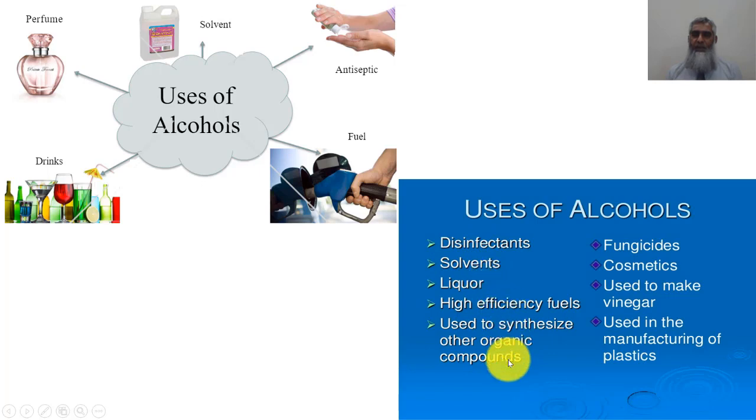They are also used for the manufacturing of some other compounds, in manufacturing of fungicides, which are a group of pesticides, and formation of some cosmetics. Ethanol is especially used to make vinegar, and they are also used for the manufacturing of plastics.